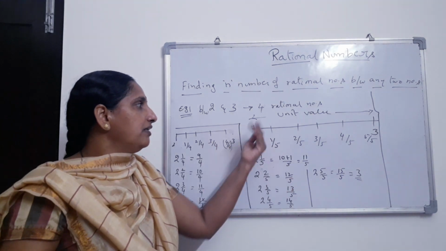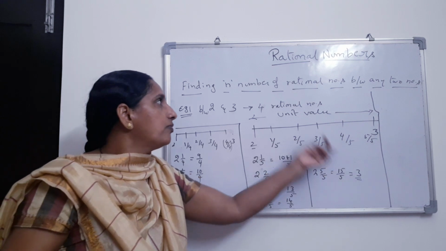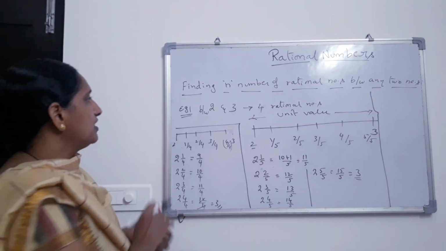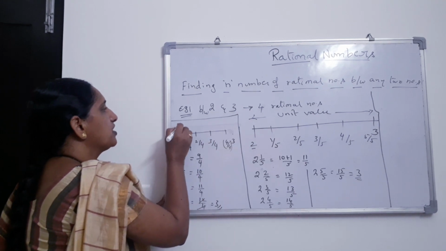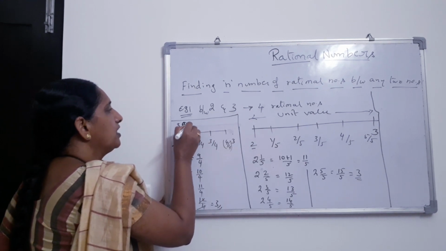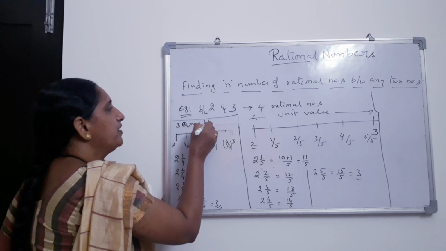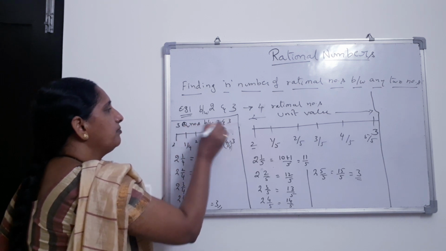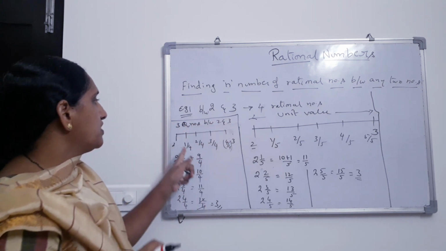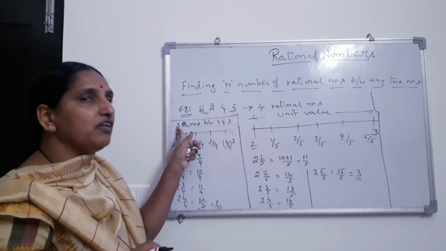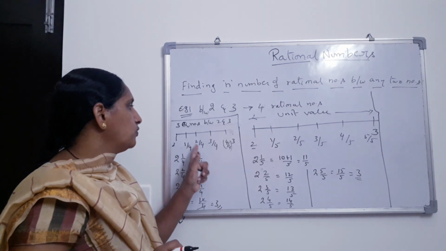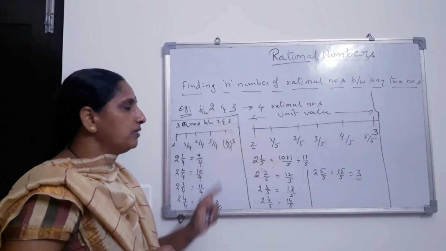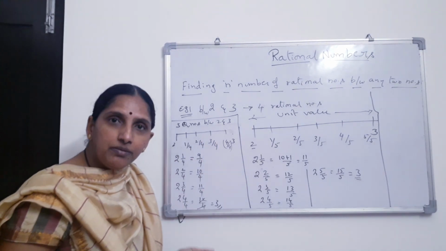For example, 1 by 5, 2 by 5, 3 by 5, 4 by 5, it is 4. Now if we are asking for 3 rational numbers between 2 and 3, we are taking 1 by n plus 1, 2 by n plus 1, 3 by n plus 1, 4 by n plus 1.